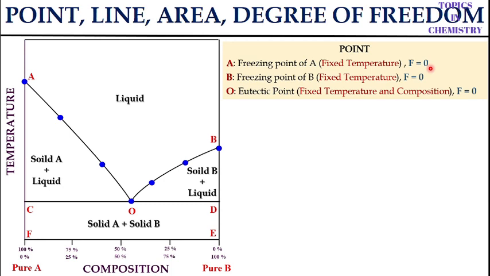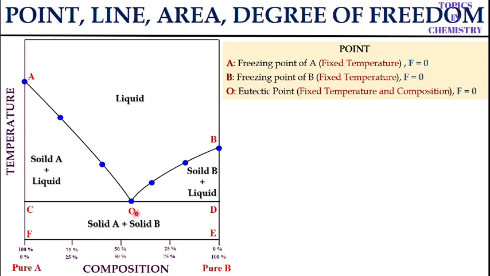I have already told you why F is equal to 0, using the temperature versus time diagram of the cooling of a pure compound and the rule F equals C minus P plus 1. Now this is another important point, the B point. Here also it is a fixed point, the freezing point of B, a fixed temperature, so F is equal to 0 also.